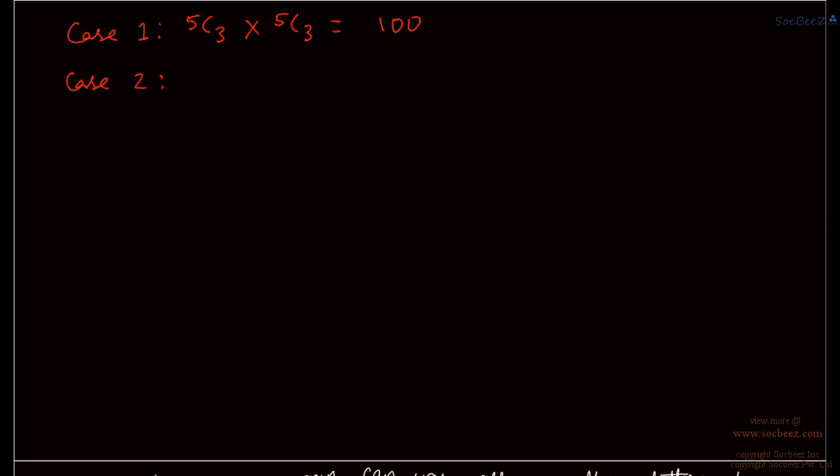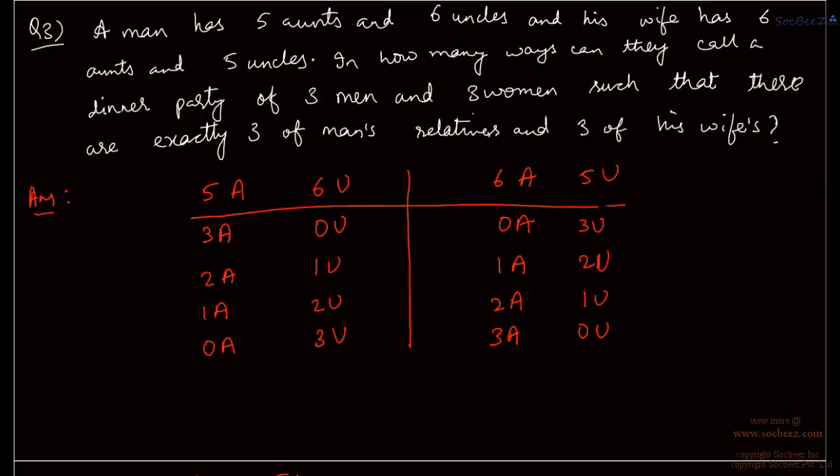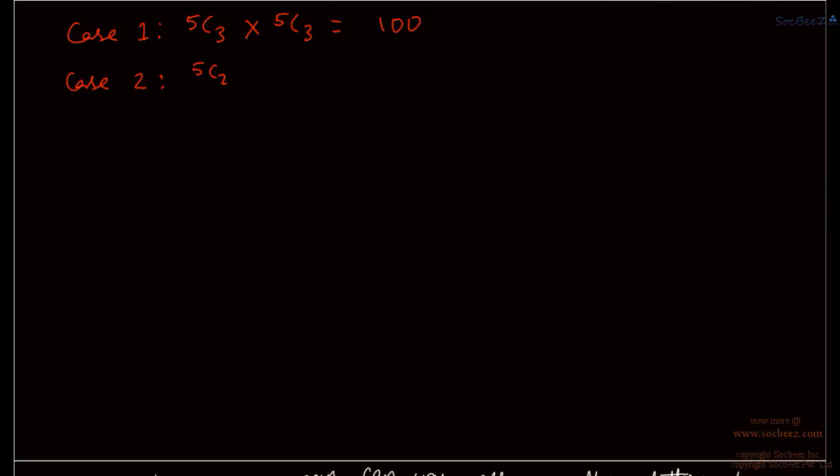Similarly, for case 2, we have 5c2 into 6c1. This is just for the man, and similarly for the woman we have 5c2 into 6c1. Well, this is 10 into 6, that is 60, and that is squared, so it is 3600.